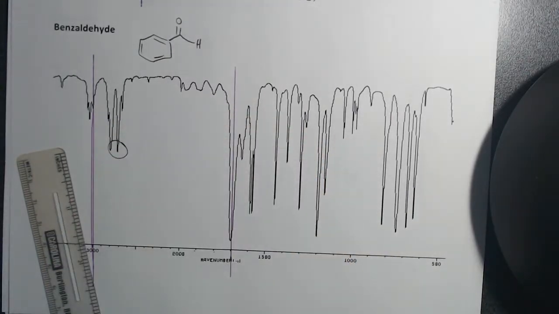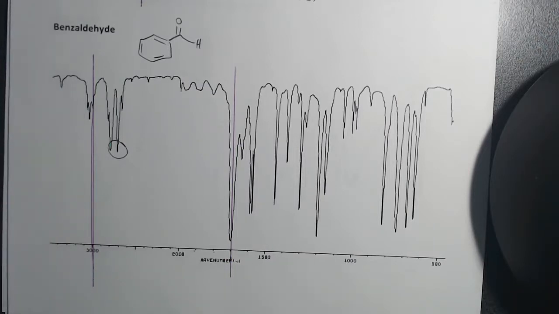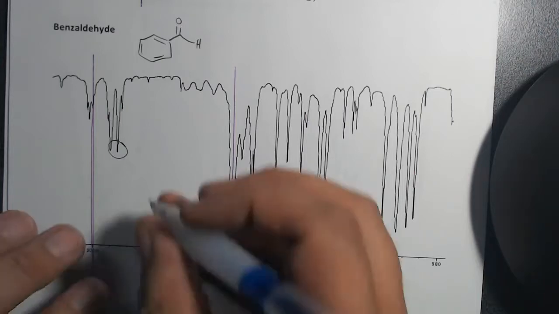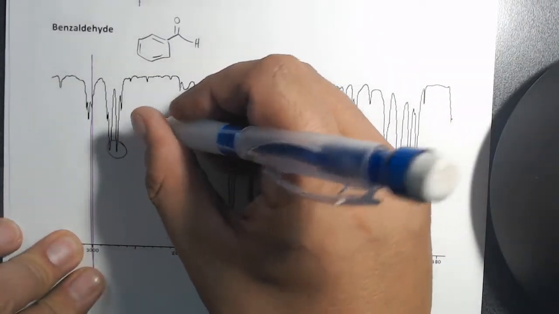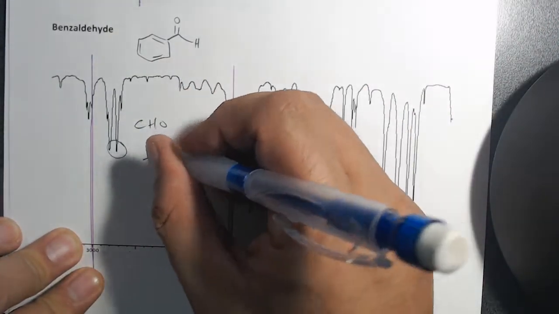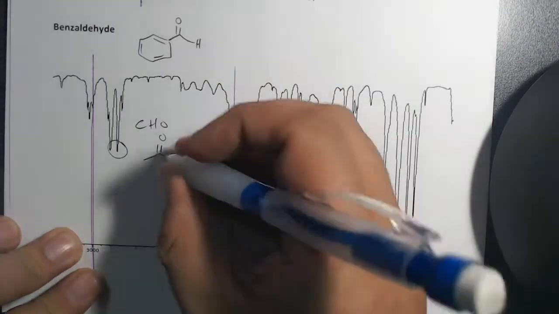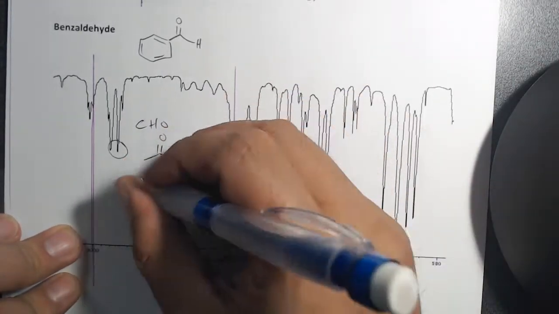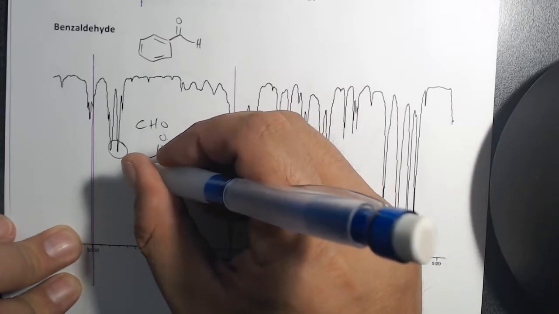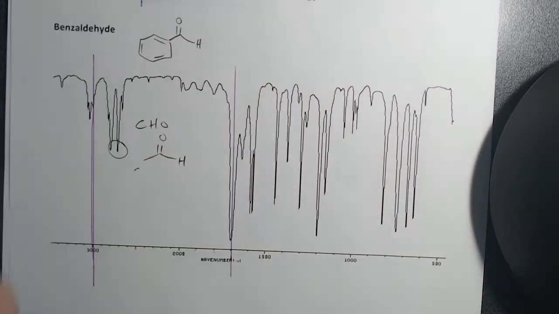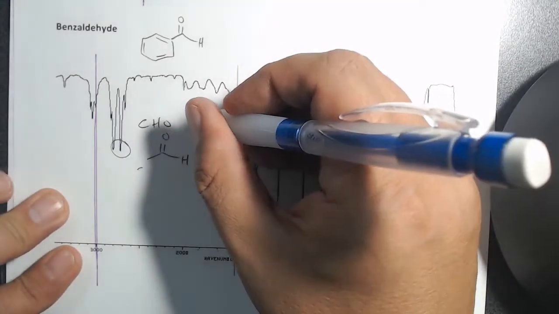This double peak? That is your aldehyde CH. So that is a special type of CH. This is your CHO, or more specifically, we're looking at that. And that is a CH stretch. So aldehyde CH.